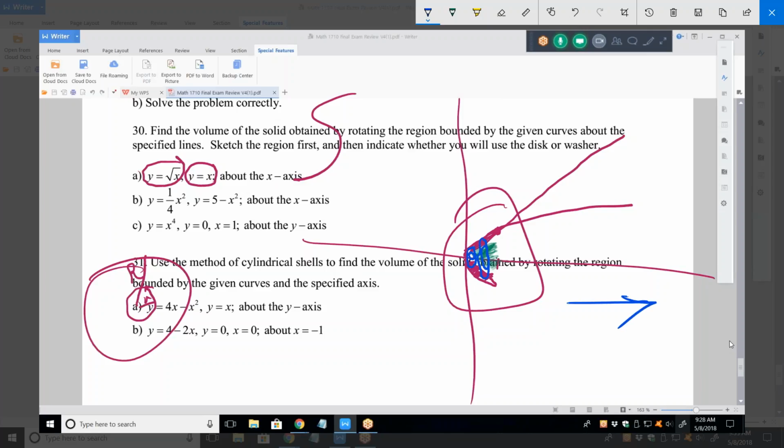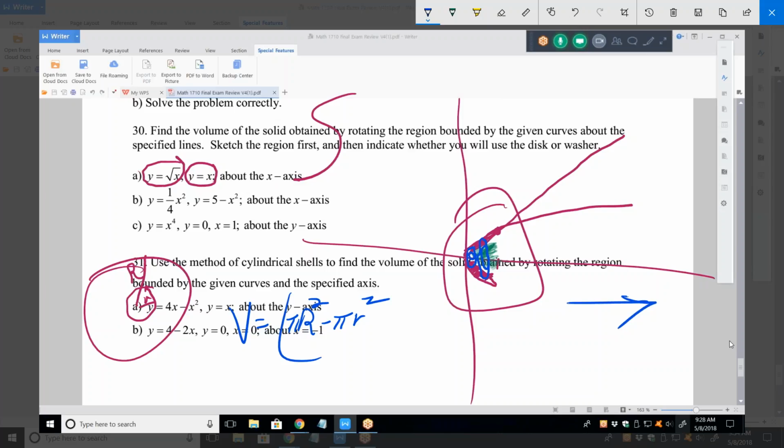Yeah. So I'm going to add up the volume of each washer. Well, what is the volume of a washer? Isn't it like pi? It's the area of the outside, pi r squared. Yeah. Minus the area of the inside. Yeah, that's the area of the hole. And that's the area of the washer.